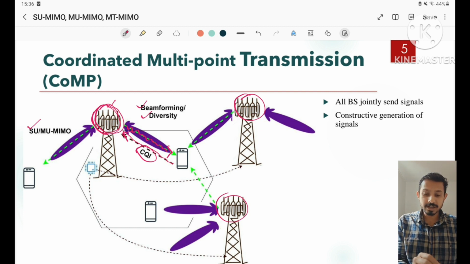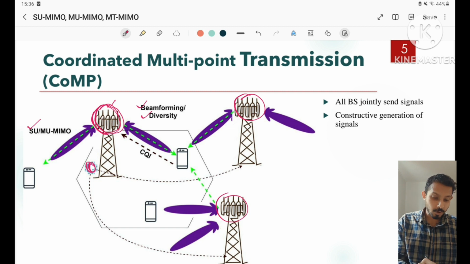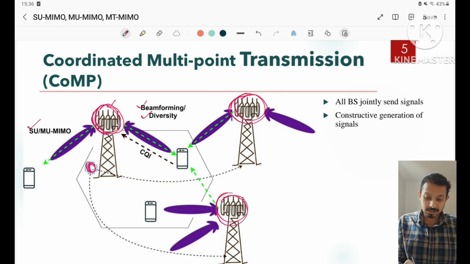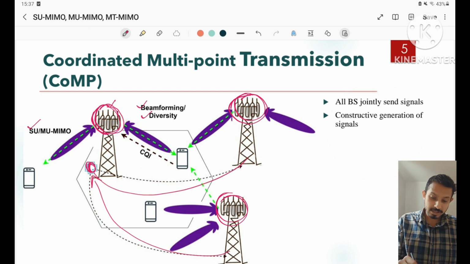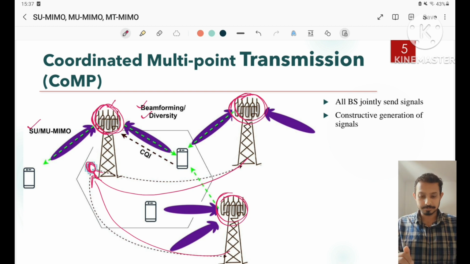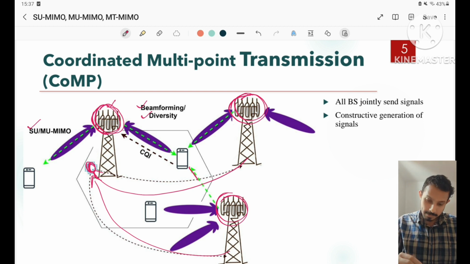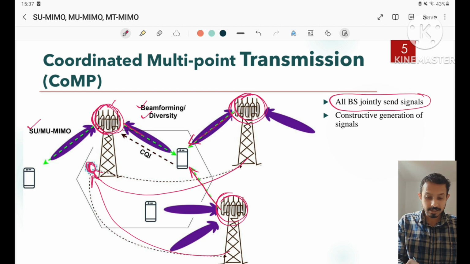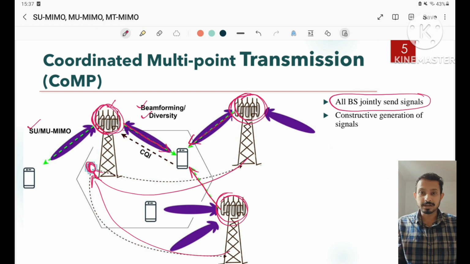In coordinated multi-point transmission, when there is processing going on in one of the cells, the base stations of the nearby cells also jointly communicate with the CPU of the current cell. Then all the base stations send signals jointly to the mobile users so that there is no interference.